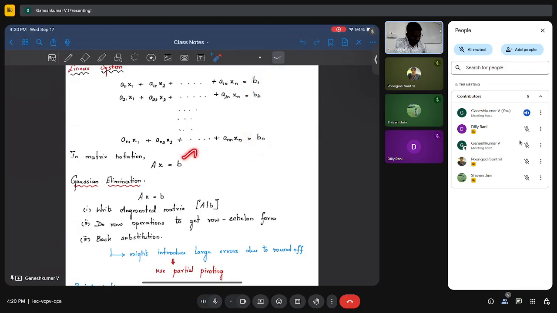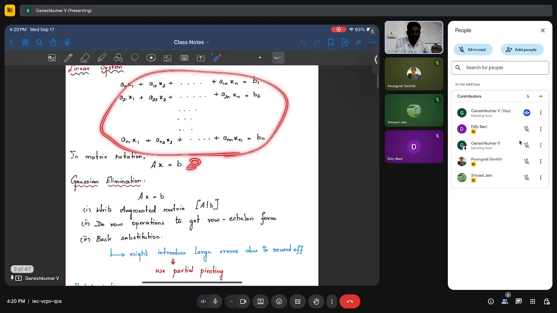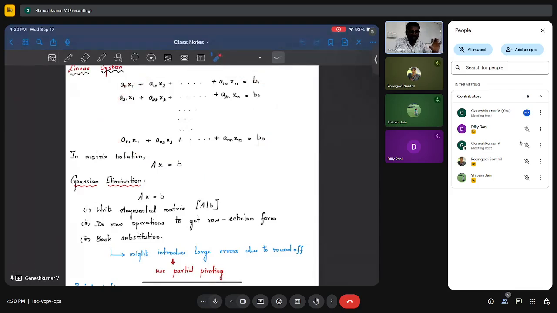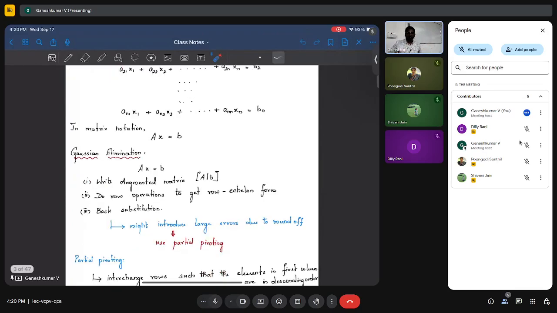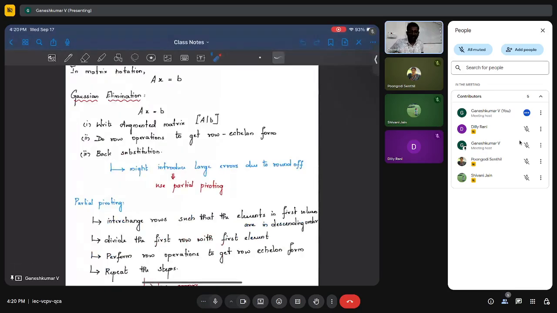So B is a vector and A is a matrix. We are replacing the big system of equations with a single matrix equation, and now the entire problem boils down to how we solve Ax equal to B.